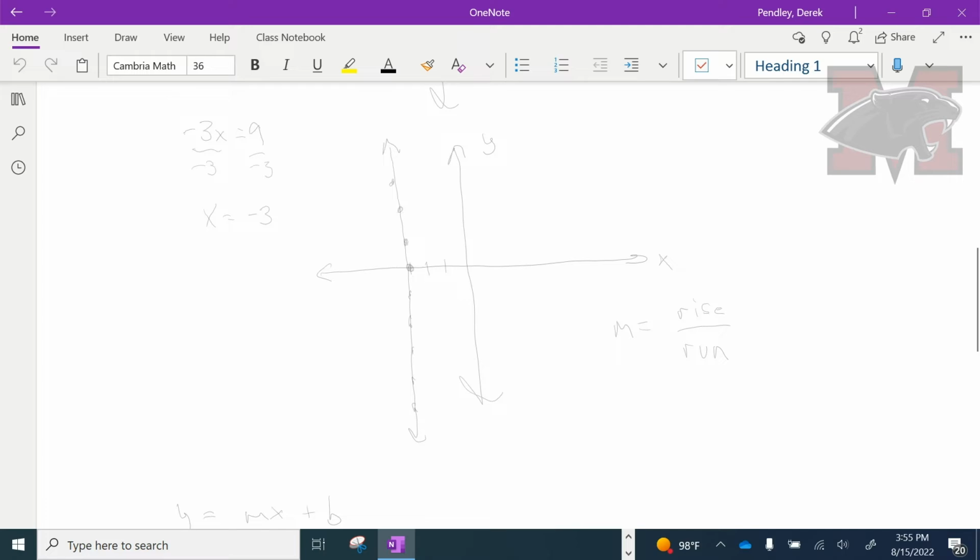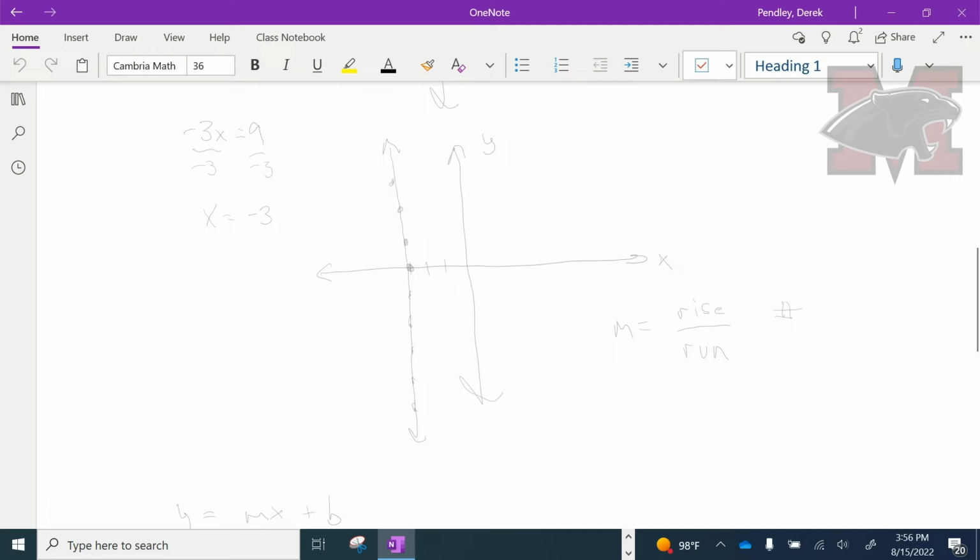No matter what the rise is, it could go up 3, down 7, that number is going to be set based on example x equal to -3. Your y value could be anything, and it's still going to have an x equal to some number.